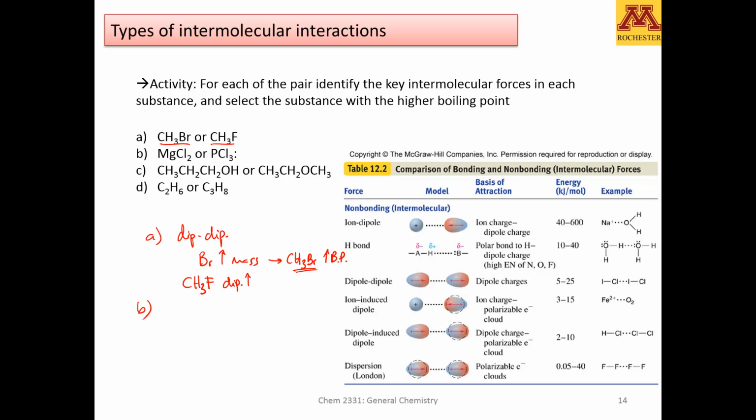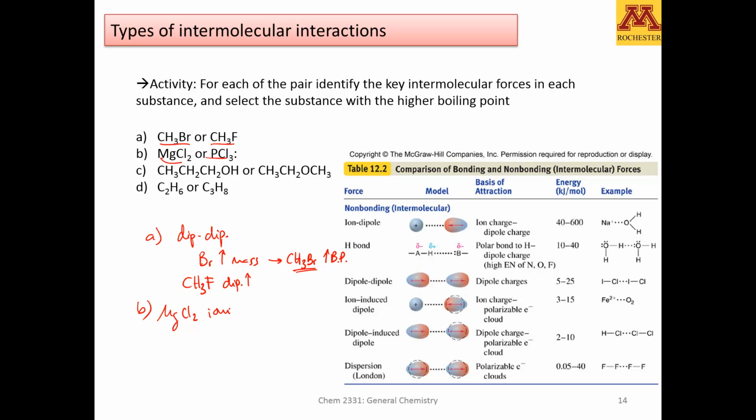So when you have similar types of interaction, you're going to go with the distinctive factor, which in this case is mass. Now, this is a very different case. In here, magnesium chloride is ionic, while phosphorus chloride is molecular.